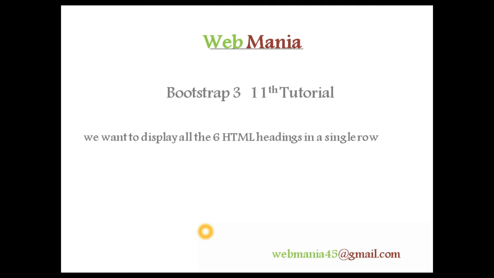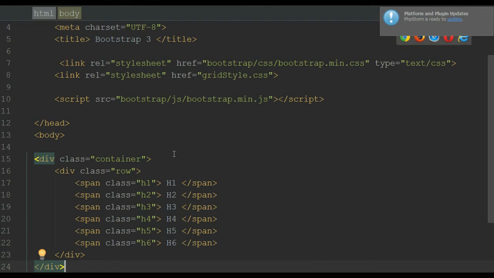Now if we want to display all the 6 HTML headings in a single row like this, we want all the headings, ranging from h1 to h6, to display in a single line. So let's go to our editor. In our editor, to display these in line I use a span element, and inside the span element I use the class of h1, ranging from h1 to h6.